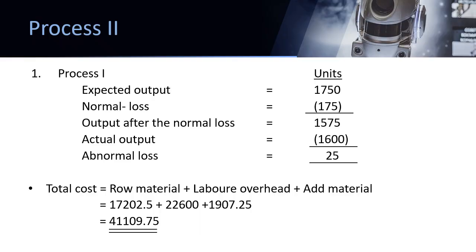After that, we can calculate the total cost. Total cost equals raw material plus labor overhead plus added material, equals 17,202.5 plus 22,000 plus 1,907.25. Answer is 41,109.75.